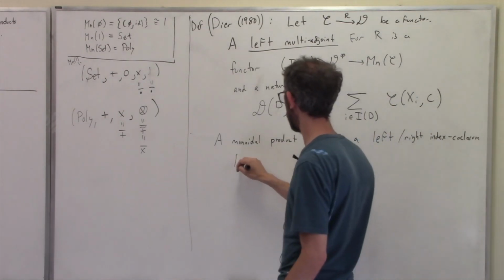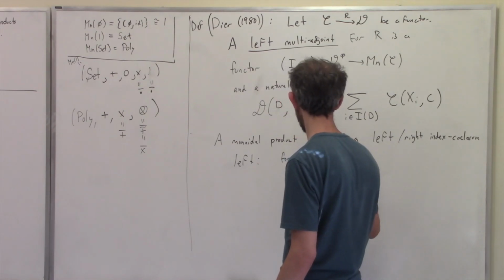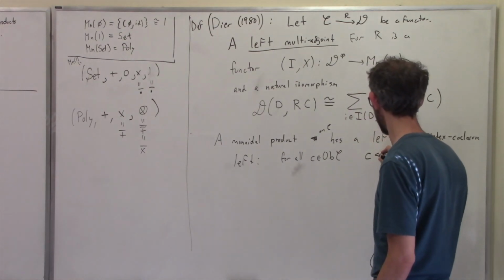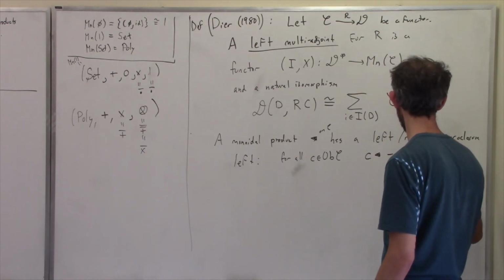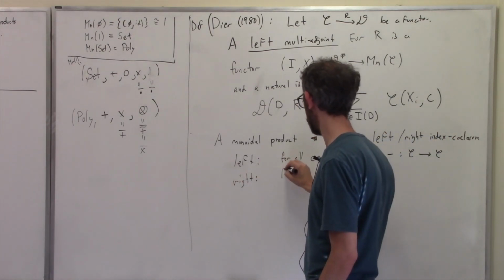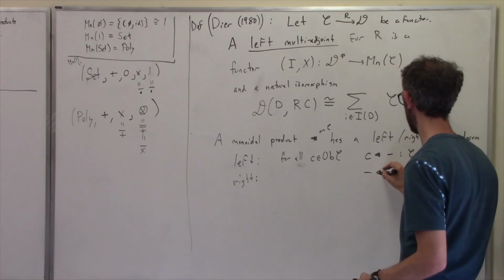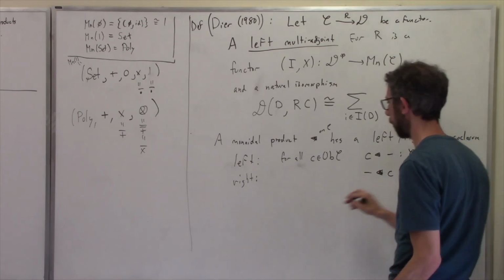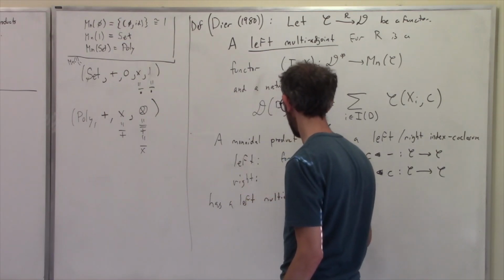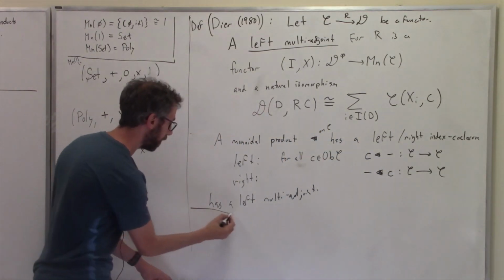Left means that for all C in ob C, this thing blank has a left multi-adjoint. And this one says blank triangle C has a left multi-adjoint. Okay, so I have about 10 minutes left. So let me give you some examples.